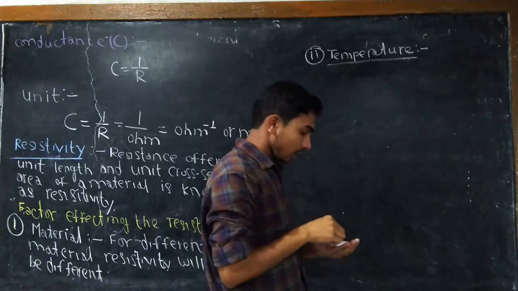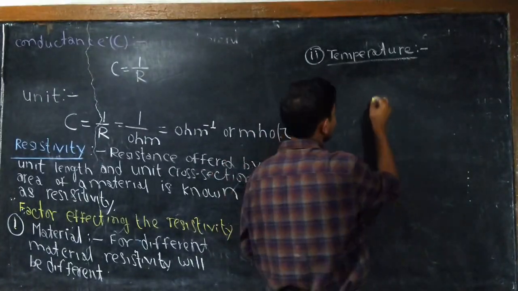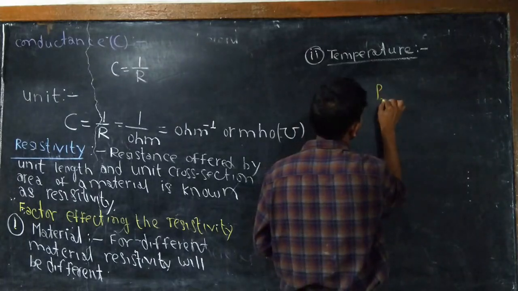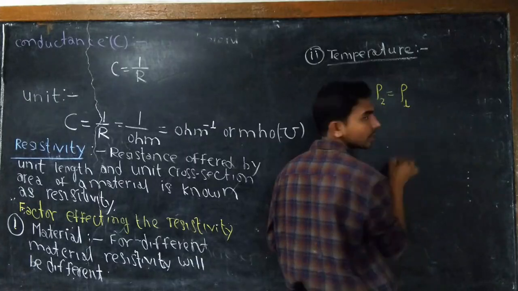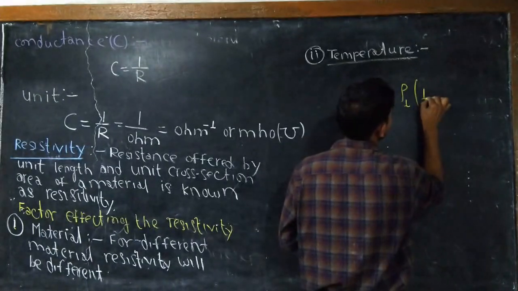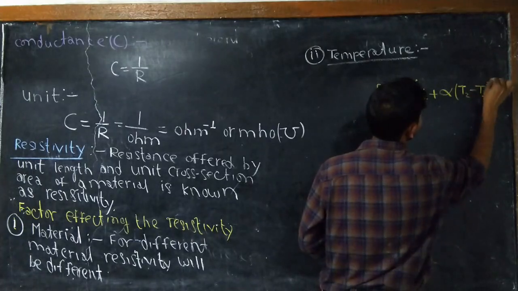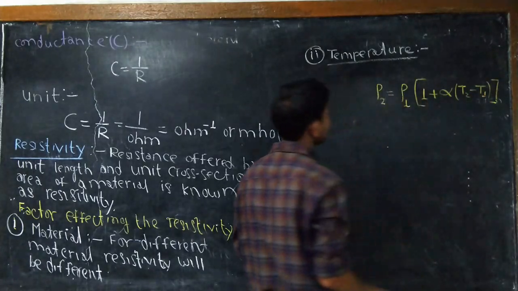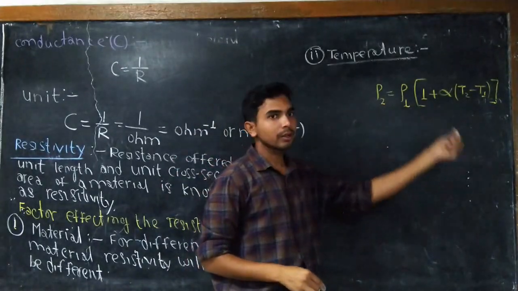In the last class, I derived one formula. What was the formula? Rho at temperature T2 equals rho at temperature T1 times 1 plus alpha (T2 minus T1). From here, you can see that resistivity varies with temperature.